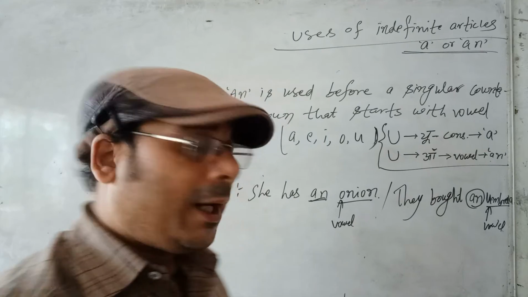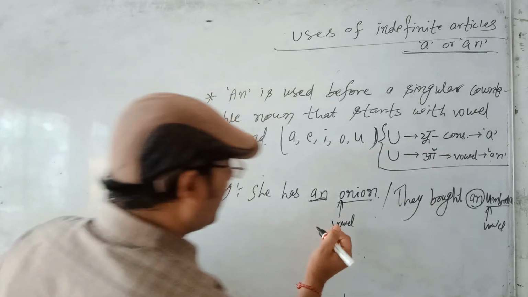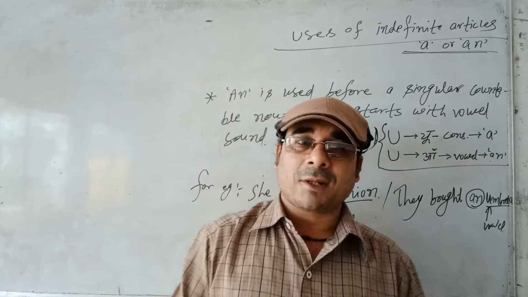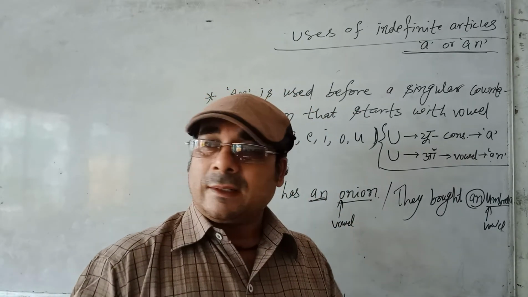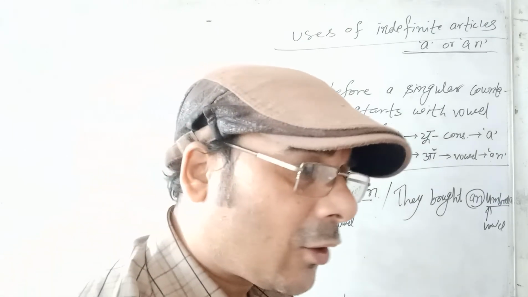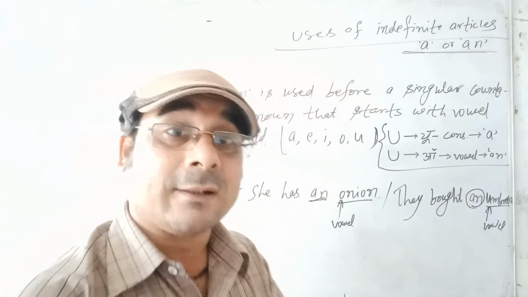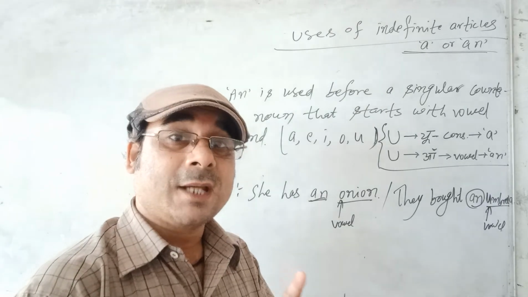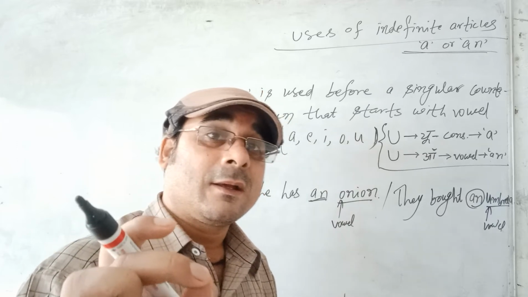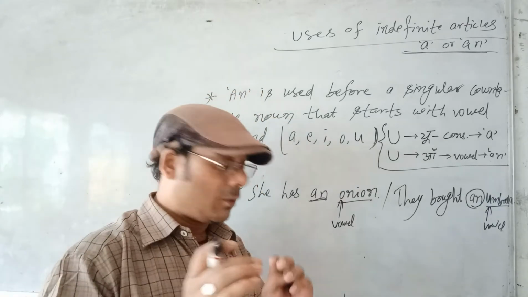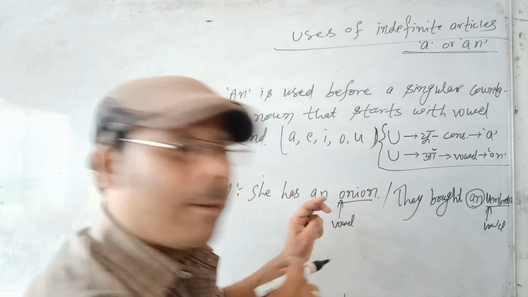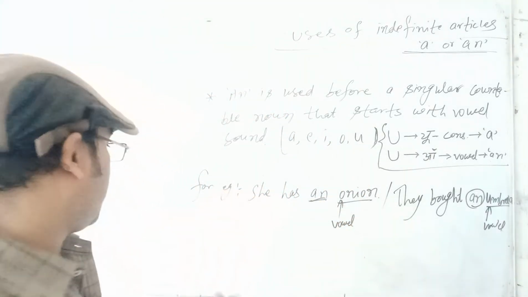Now, sometimes we get a singular countable noun that starts with a consonant letter, but we pronounce it giving a vowel sound.